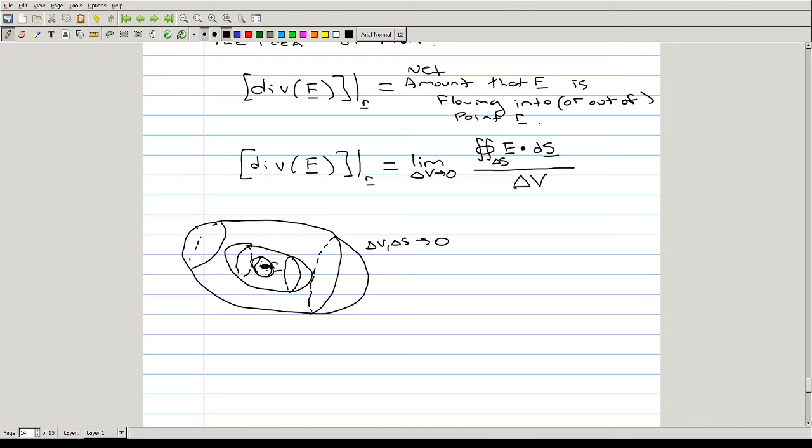So it's kind of like an average. This is the limit of the flux out of each one of these surfaces divided by the volume of the surface. And in the limit, as delta V goes to 0, you get exactly the correct value of the divergence at the point R of the vector field.